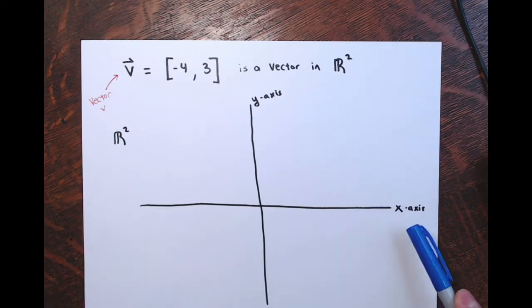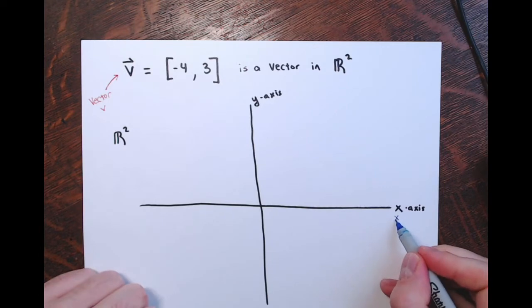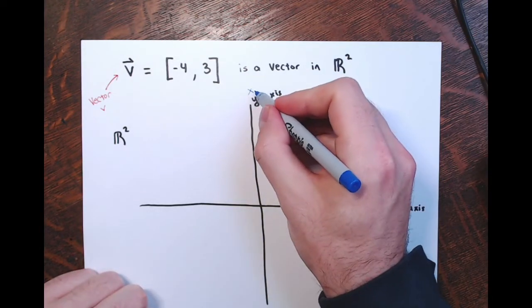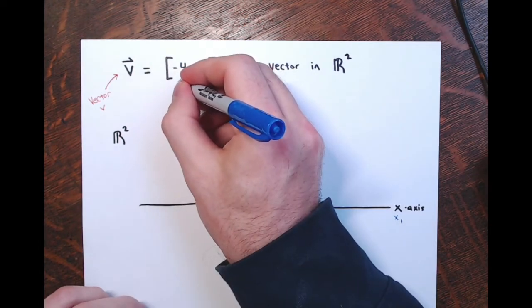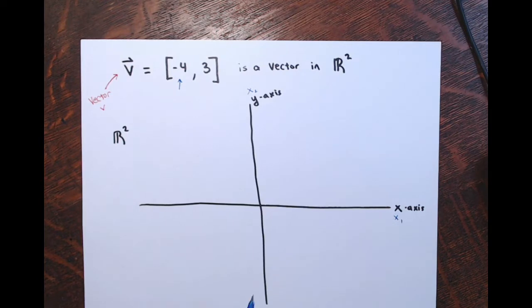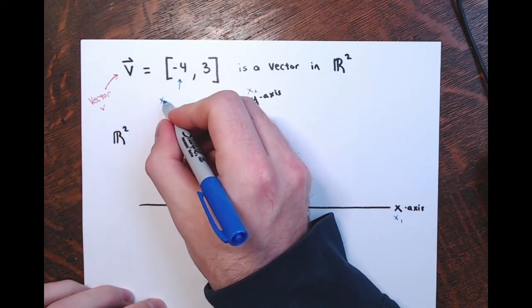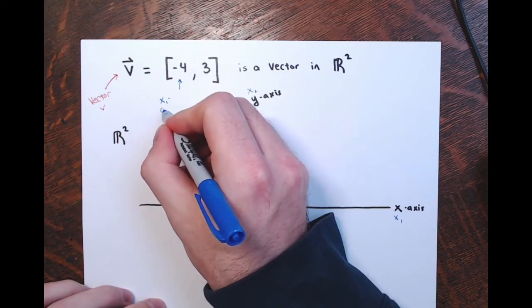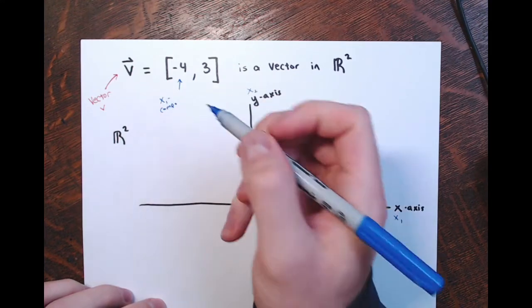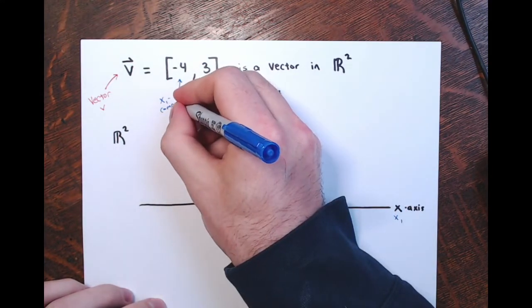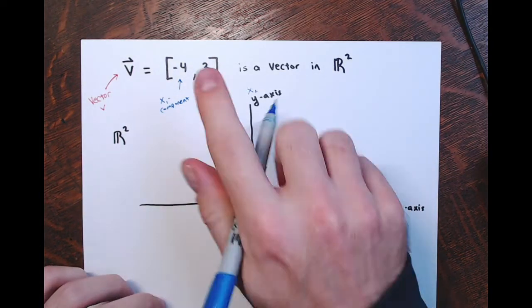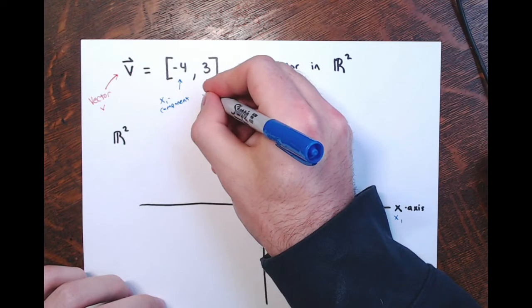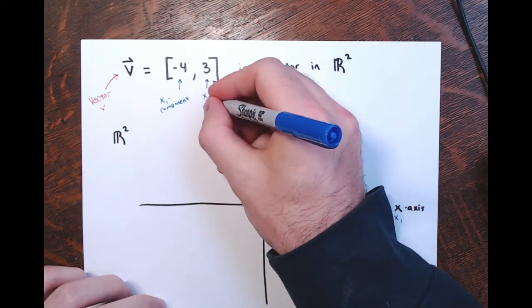Now you could also see this might also be called the x1 axis and the x2 axis, just because there's 2 axes. So in your vectors, the first component I'll call the x1 component, or just the x component, and the second component is the x2 component, or the y component.